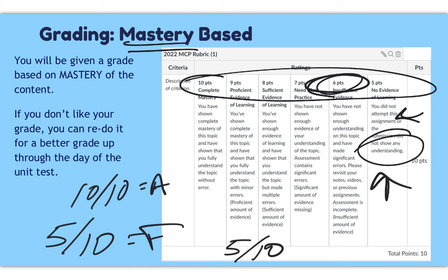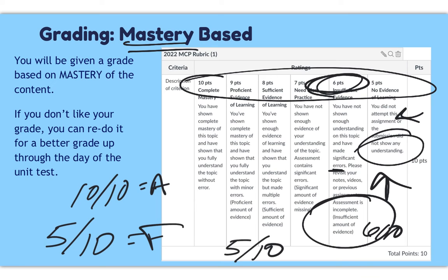It says you have not shown enough understanding of this topic and have made significant errors. That should cue you to ask, what errors did I make? Talk to a classmate and ask, can you look over my work? Is there anything I'm missing? Review your notes, your videos, and any previous assignments. The assessment is also incomplete. That would be a 6 out of 10.